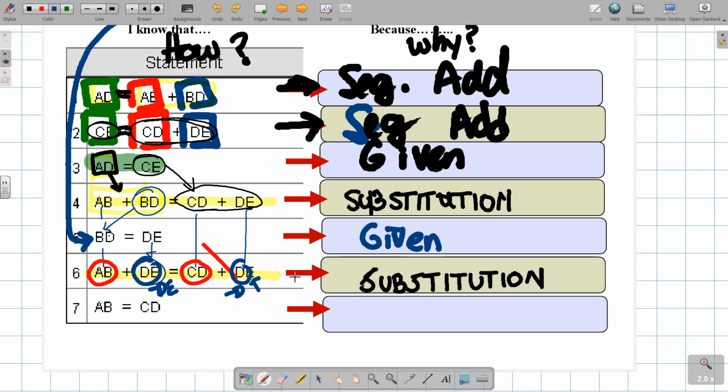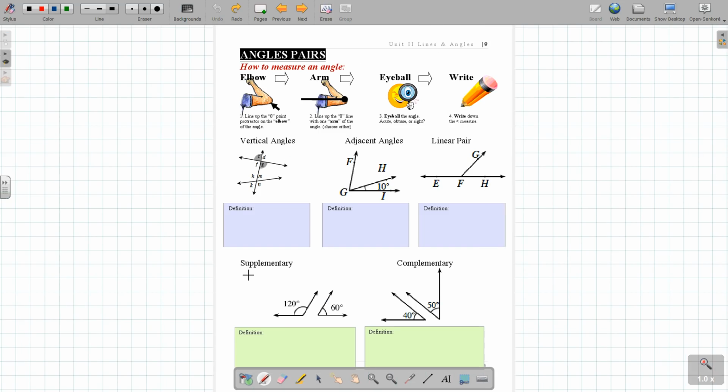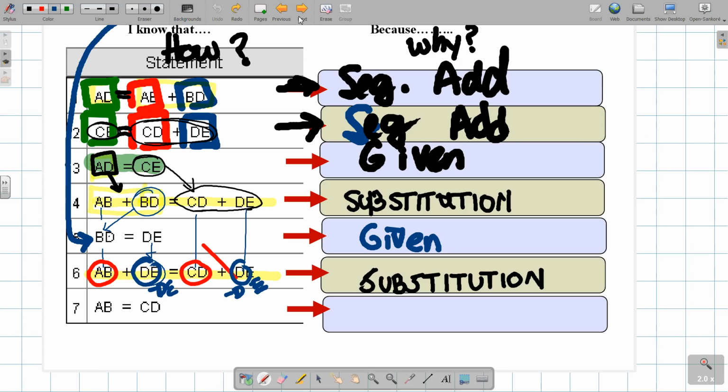Just like you're clearing it. And because I subtract DE from both sides, they cancel. So we are left with what our target was, AB congruent to CD.